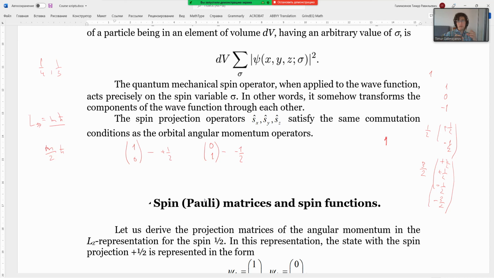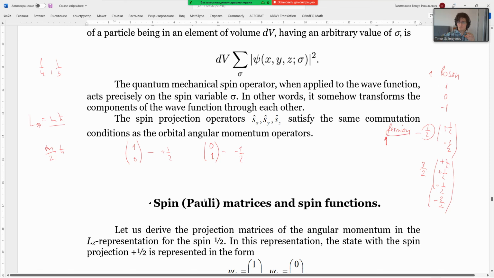The particles having integer spin are called bosons, and the particles having half integer spin are called fermions. And these particles have different nature.